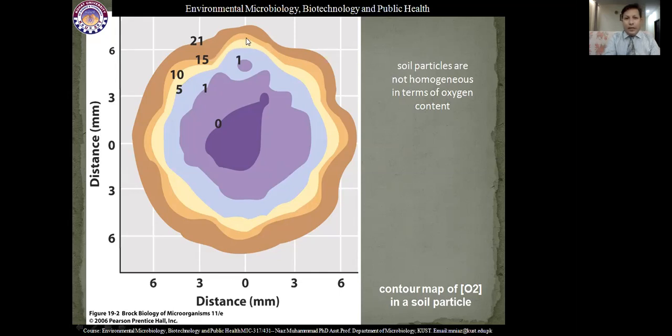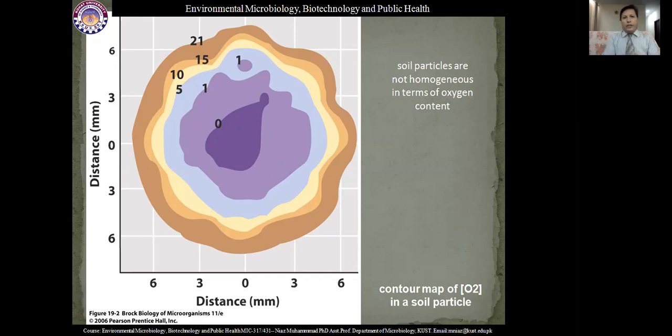concentration is less. If the pollutant is in this layer here, facultative aerobes will work and try to decompose it. Similarly, if you see 15, 10, 5, 1, and at the center of the soil particle, the concentration of oxygen is 0.